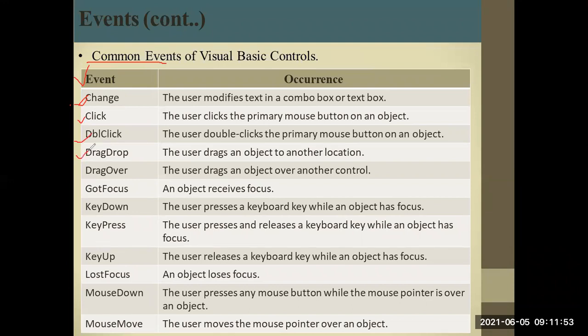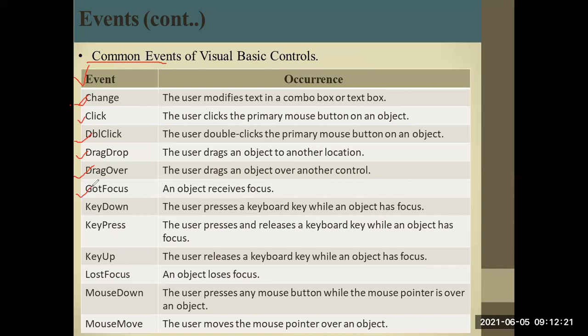Then drag drop. Here the user drags an object to another location. We can drag a particular object and place it in a different location. This is called drag drop. Drag over: the user can drag an object over another control. Suppose you want to place an object over another control, then you have to use the event called drag over.